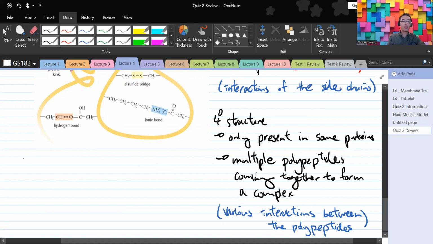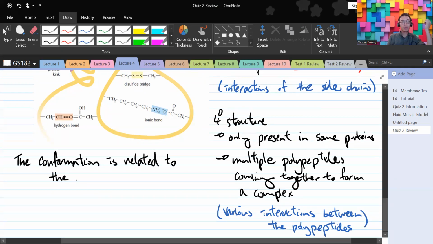Okay, so as I emphasized in class, the conformation is related to the protein's function. If you change the conformation, you're going to affect the function of the protein.